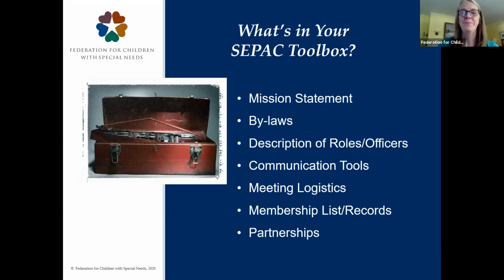So what's in your SEPAC toolbox? We at the Federation recommend that you include some specific things, such as the bylaws. It's also good to have a mission statement, trying to create a defined role for your officers so that everyone knows and has expectations of what those positions are. Some communication tools that you use.